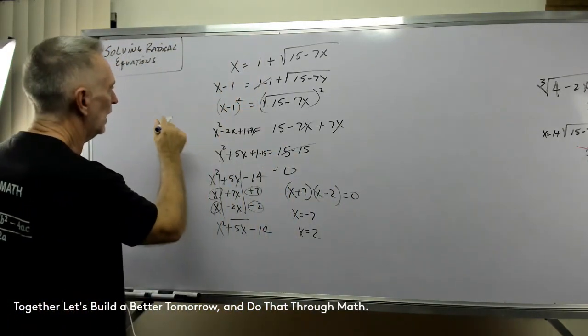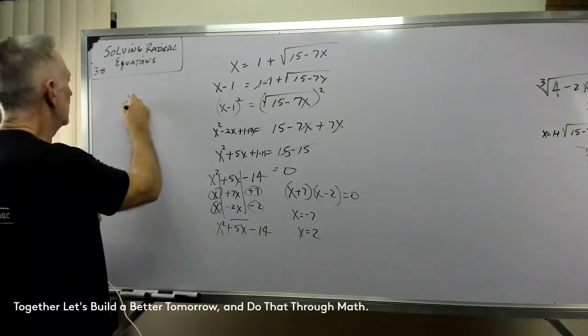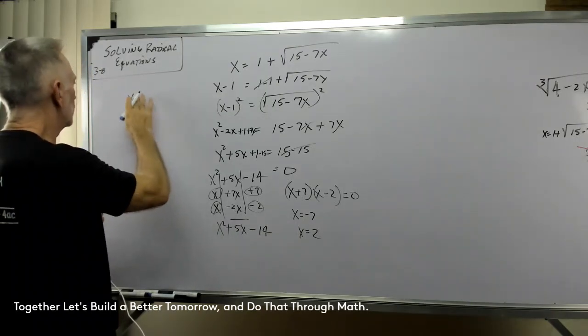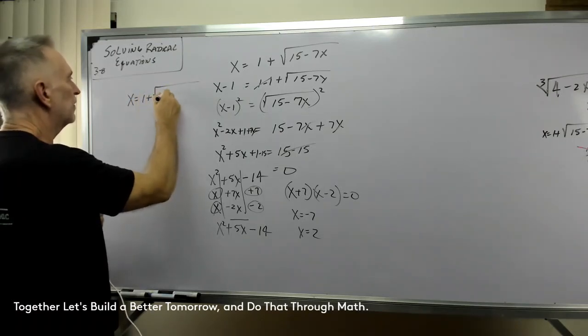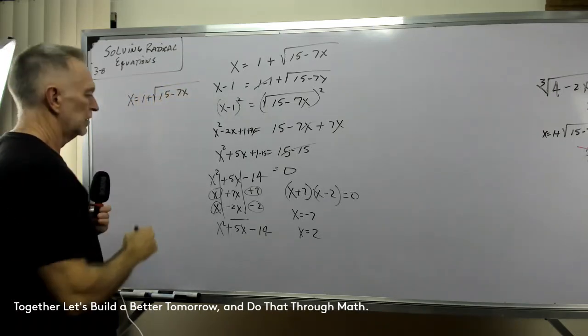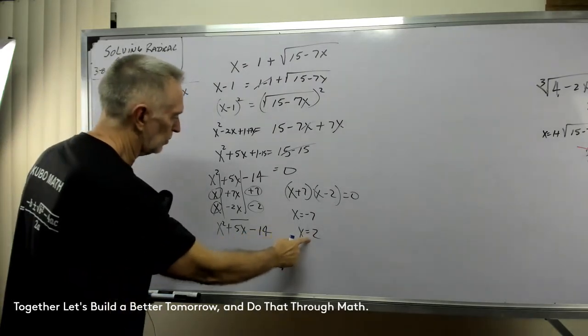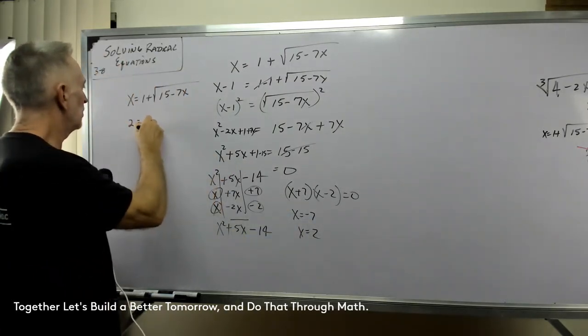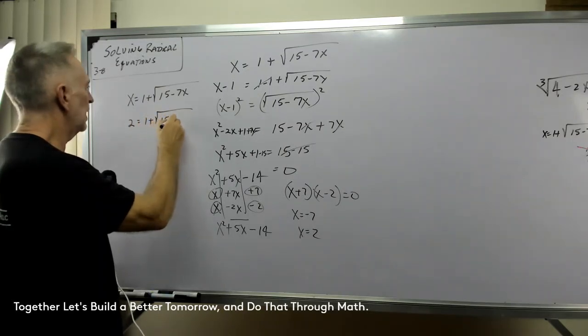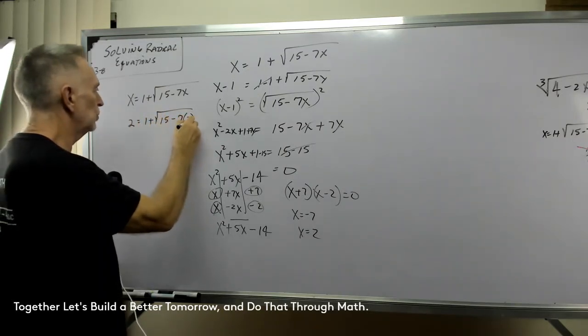So we had x equals 1 plus square root of 15 minus 7x. All right, let's let x equal 2. So we would have 2 equals 1 plus square root of 15 minus 7 times 2.